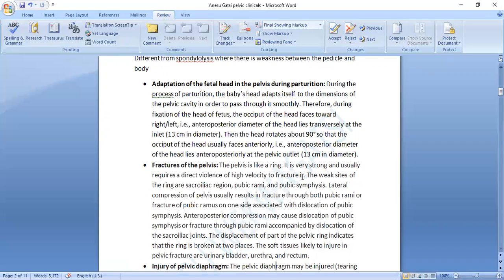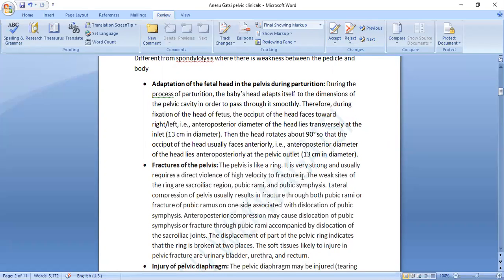But if you fracture it at two different points, then you have displacement occurring. So this displacement can either cause lateral compression or anterior posterior compression within the pelvis. So for you to fracture the pelvis, you require a direct violence that is of high velocity, since it's more of a ring and it's very strong.